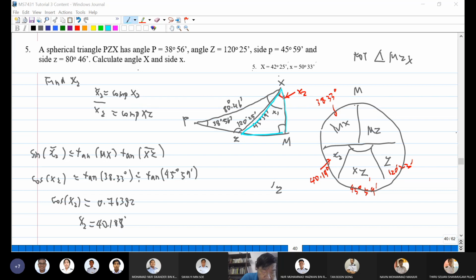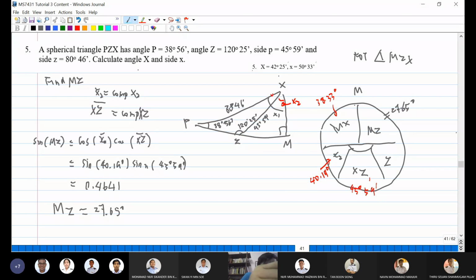Okay, finally, the last side is MZ. MZ is this side here. MZ is actually 27.65 minutes here by using the cosine of the opposite side.